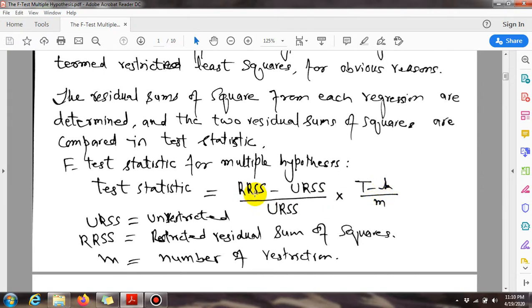Here RRSS is the restricted residual sum of square minus the unrestricted residual sum of square, divided by the unrestricted residual sum of square, multiplied by T minus K. Here T is the number of observations and K is the number of parameters you are using in your regression line. Here m is the number of restrictions you have imposed: one restriction, two restrictions, three restrictions, and so on.